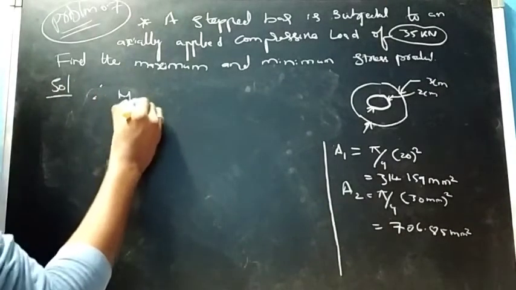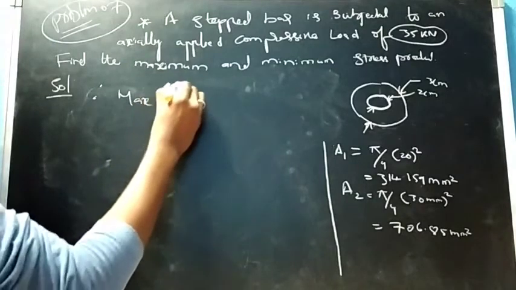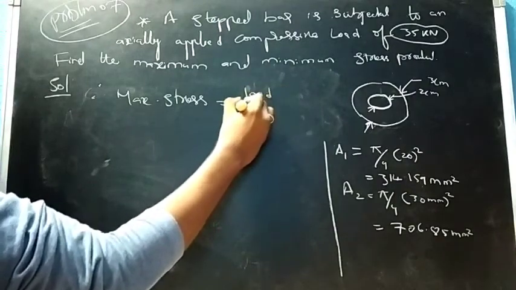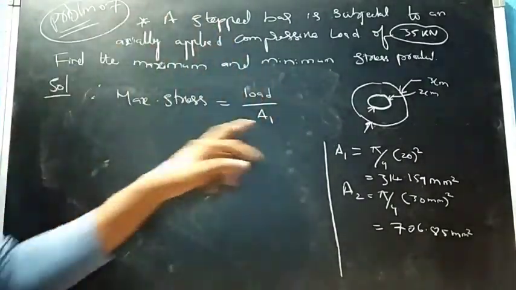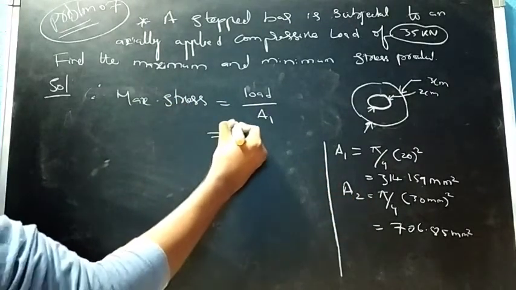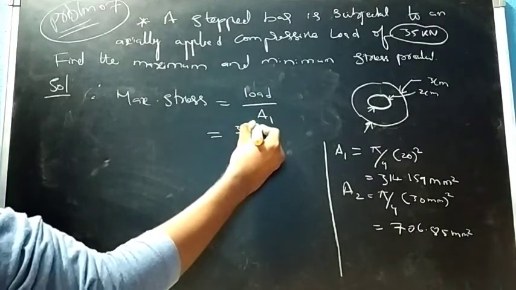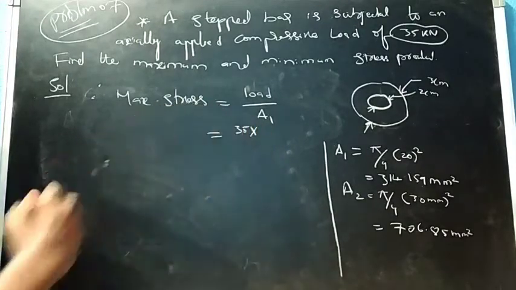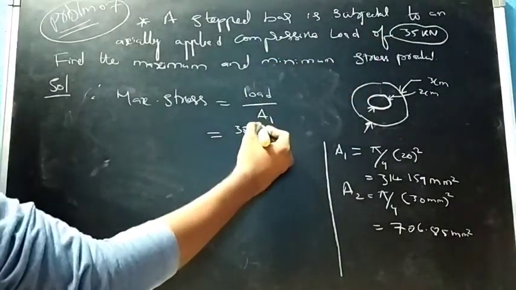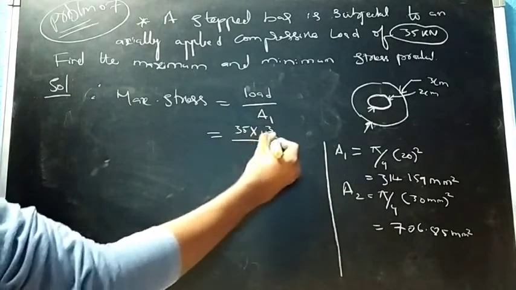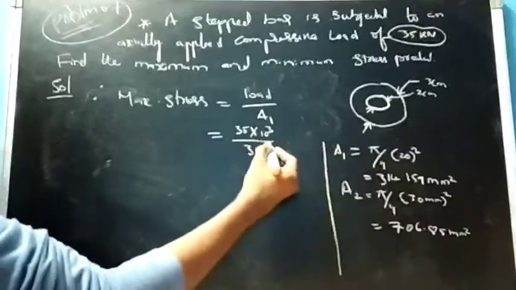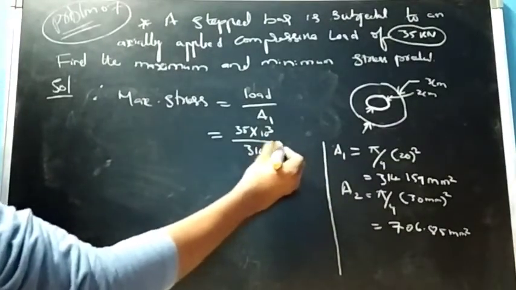So the maximum stress, that is load upon area. So load upon area, that is A1. So what is the A1? And we know the load, that is axial load given, 35 into 10 to the power of 3 upon area 314.159.